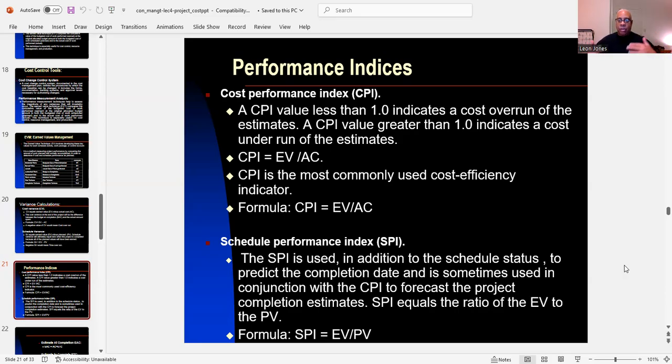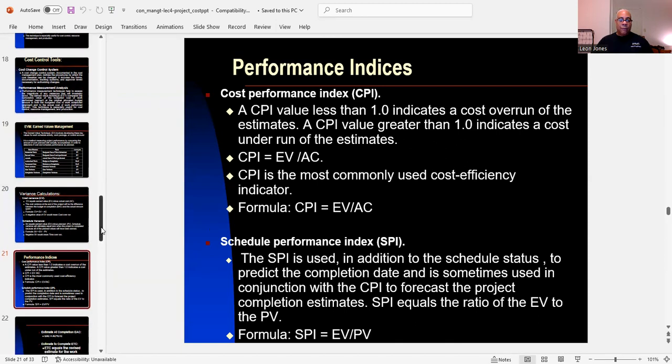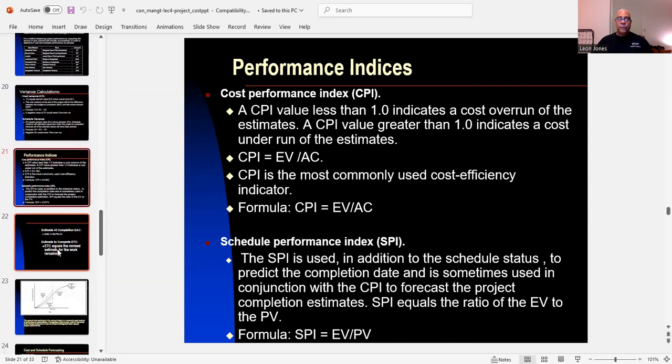SPI equals the ratio of the EV to PV. Formula: SPI equals EV divided by PV.